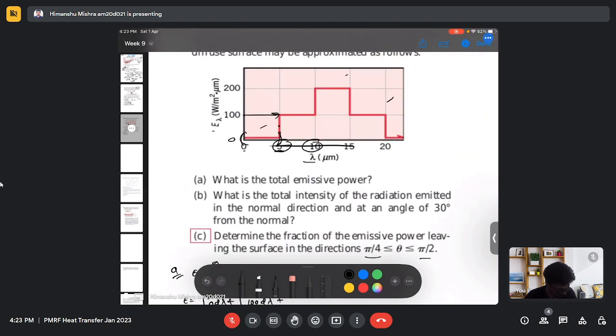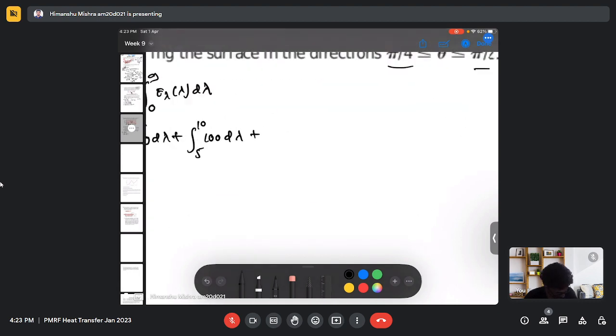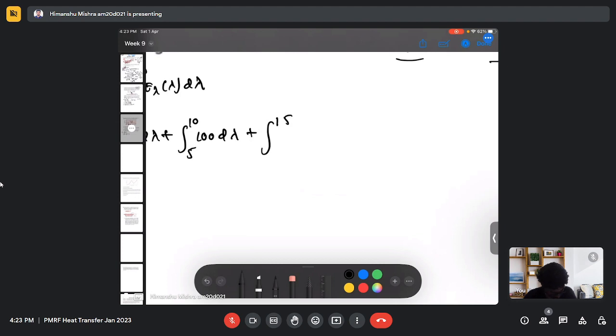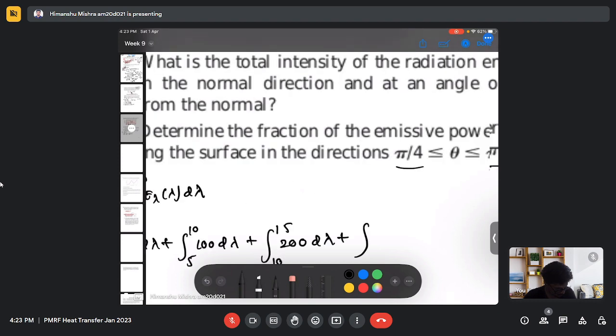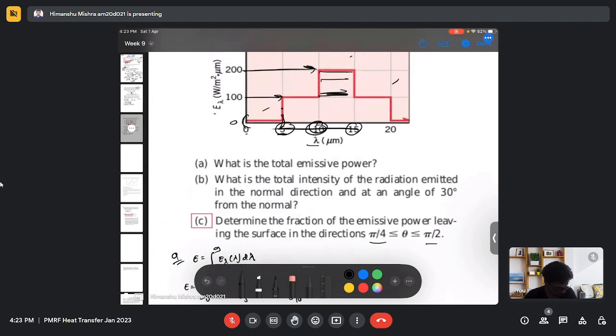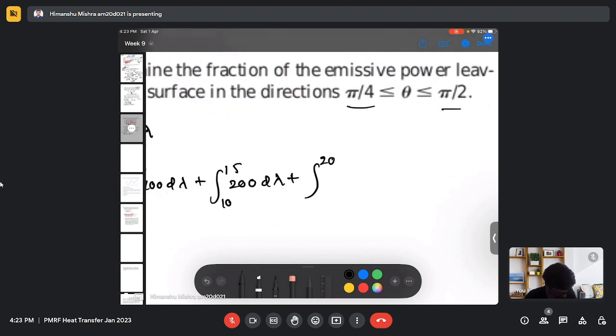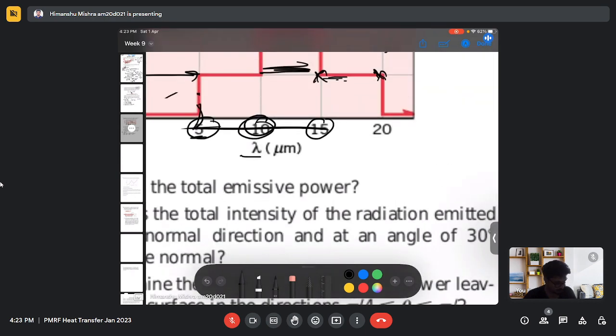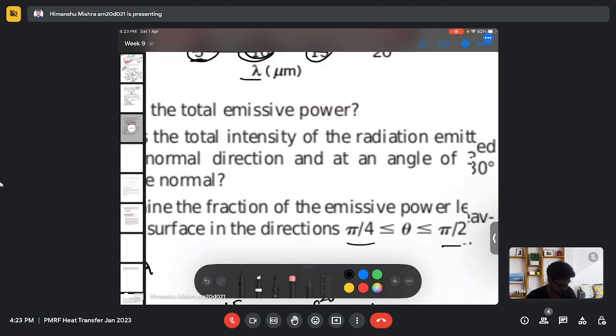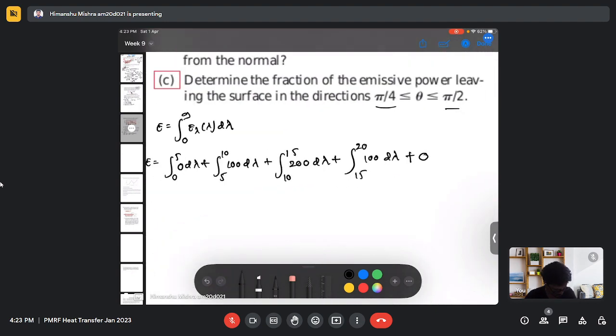Then from 10 to 15 in this region, my emissive power is 200. Then from 15 to 20, my emissive power is 100 here. And from 20 to infinity, it is 0 again.